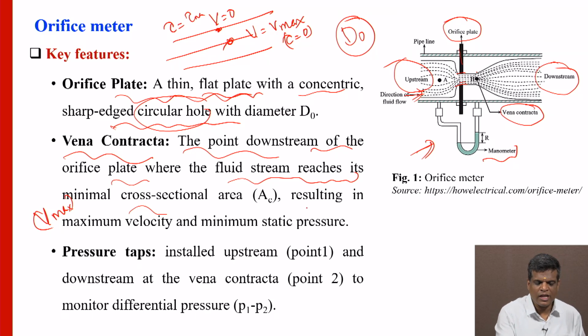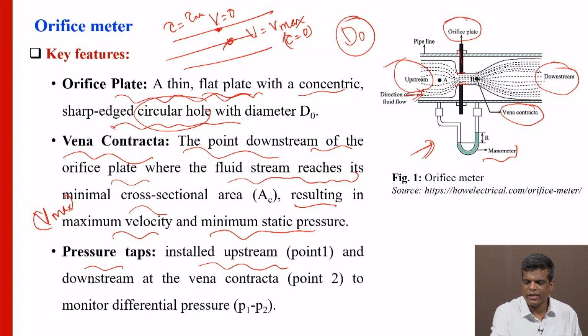So, the minimum cross-sectional area results in maximum velocity and minimum static pressure, and that is called the vena contracta. The pressure taps are installed upstream at point 1, and downstream at the vena contracta, point 2.